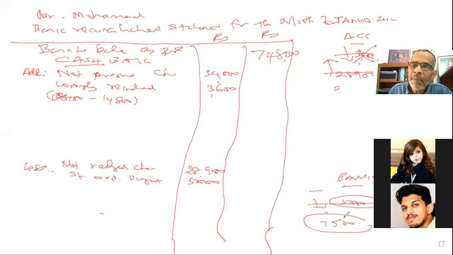When the bank collected 7,500, our accountant didn't know. That is why our bank balance increased by 7,500. Our accountant did not notice that, therefore he did not record it.